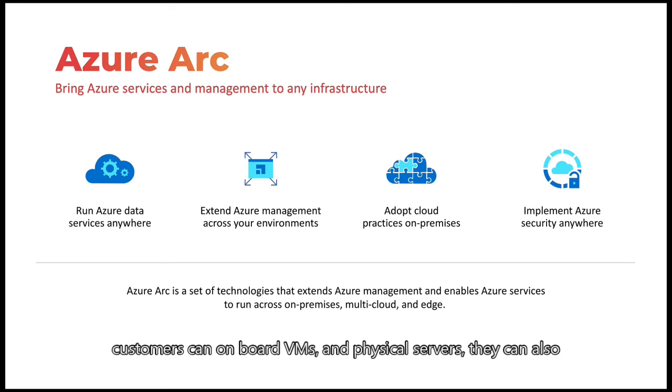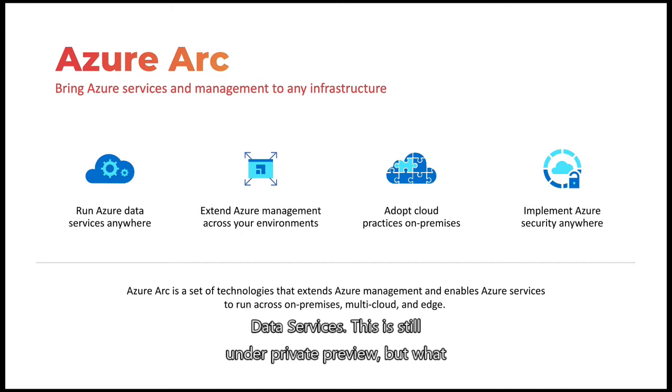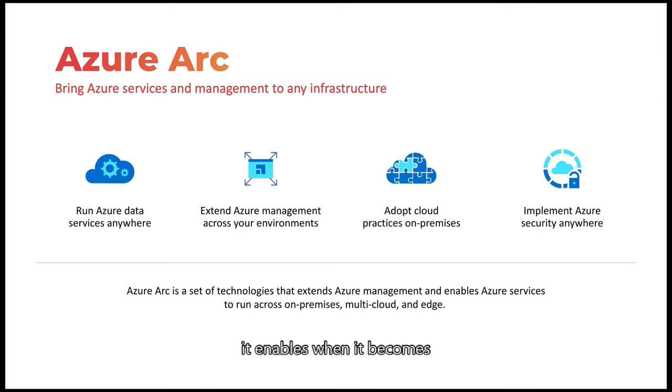Just like customers can onboard VMs and physical servers, they can also onboard Kubernetes clusters to Azure Arc. And once you have a Kubernetes cluster registered with Arc, you can also run Azure Data services. This is still under private preview, but what it enables when it becomes available publicly is the capability of running Azure SQL and Postgres Hyperscale in any environment of your choice.